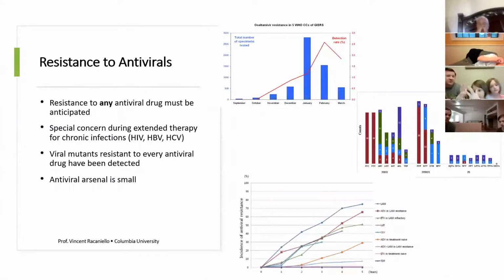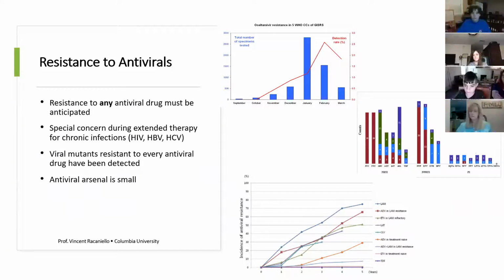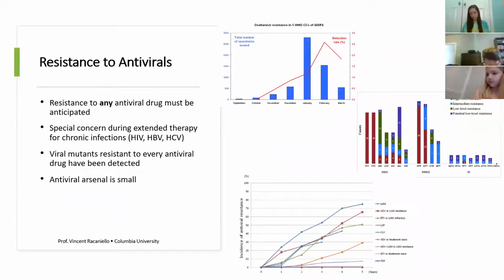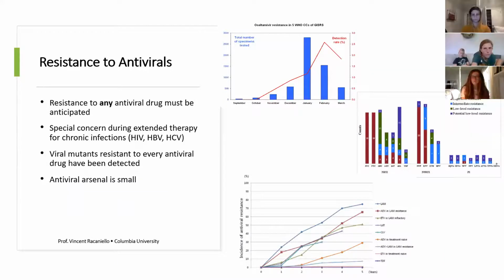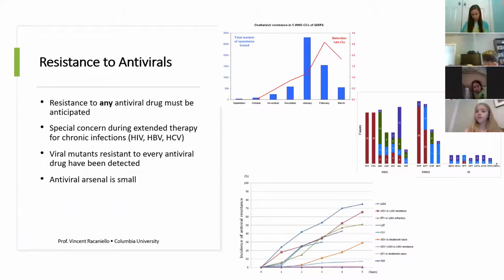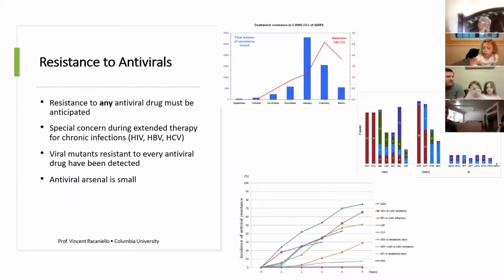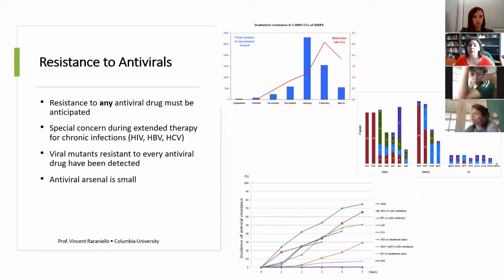So resistance to antivirals, this is a huge, huge, huge problem. If you make an antiviral, resistance is going to develop because viruses, all viruses, have such a high mutation rate. This has been a real problem with treating people with HIV and hepatitis with antivirals, because you need to take those medicines every single day.